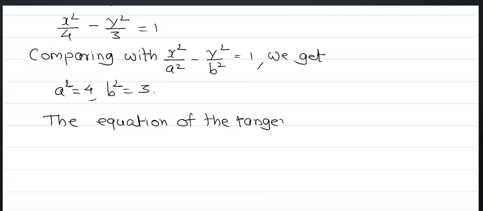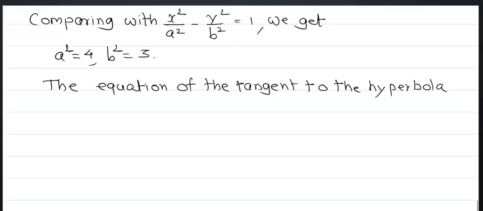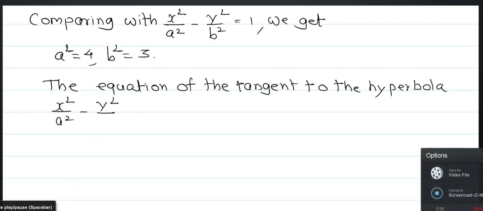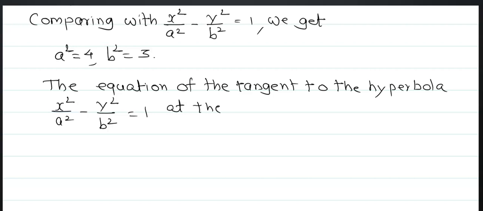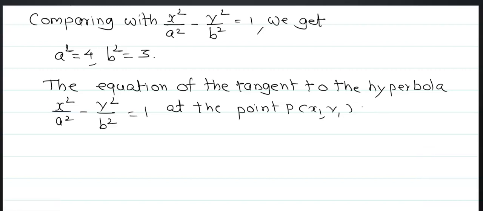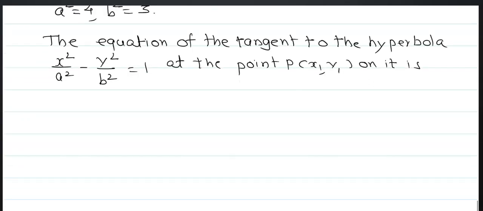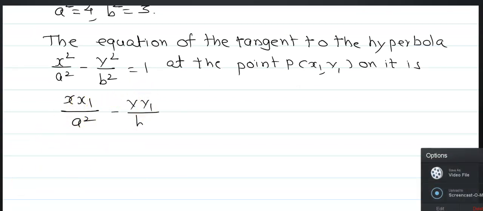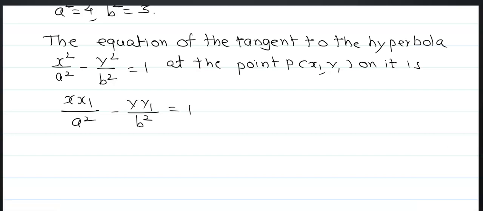The equation of the tangent to the hyperbola x square upon a square minus y square upon b square is equal to 1 at the point P x1 y1 is x x1 upon a square minus y y1 upon b square is equal to 1.